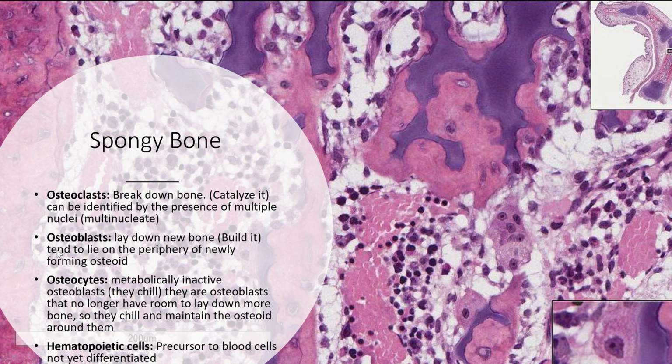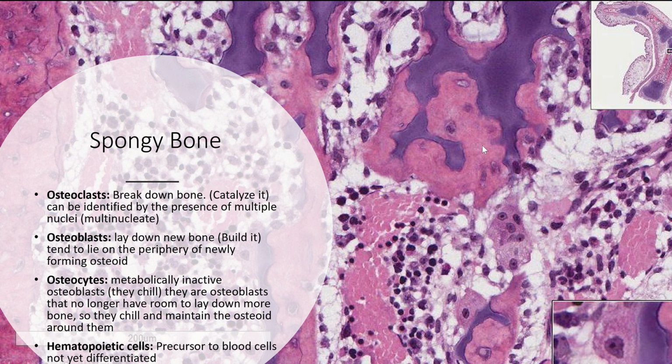The next type of cell is going to be an osteoblast, and the way I think of that is osteoblasts build bone, blast, build, and so they are going to be laying down new bone, right? So the clasts are going to be breaking it down, the blasts are going to be building it. They're constantly working against each other to remodel this bone, okay?